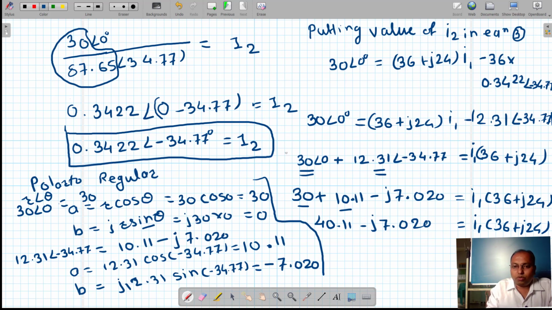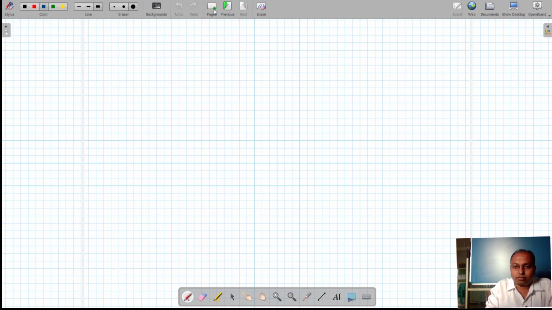Now let us go to the next page. 40.11 minus j7.020 equals I1 into bracket 36 plus j24.